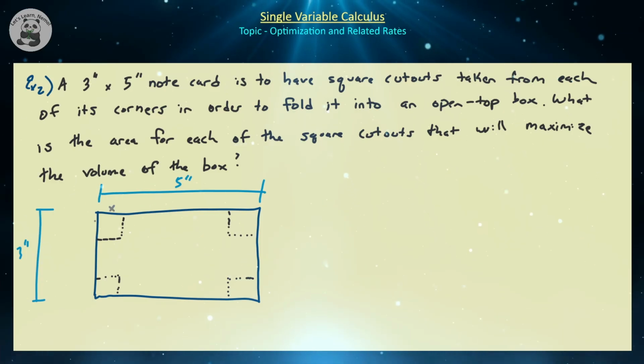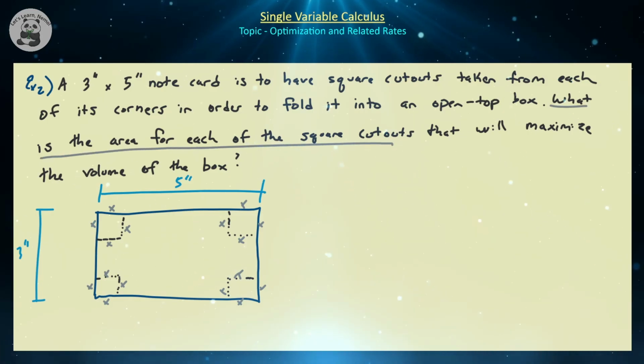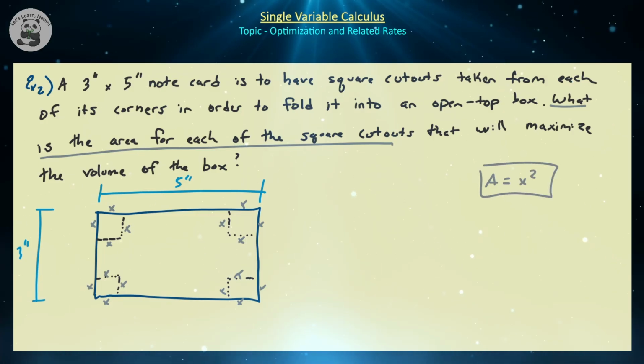So let's call each of these sides x, each of these sides x, and each of these sides x. Right? And what we're going for is, what is the area for each of these square cutouts? Right? So these areas are going to be equal to x squared. So that's the goal that we're going to be aiming for throughout this entire problem.